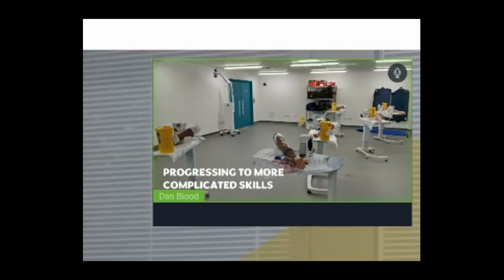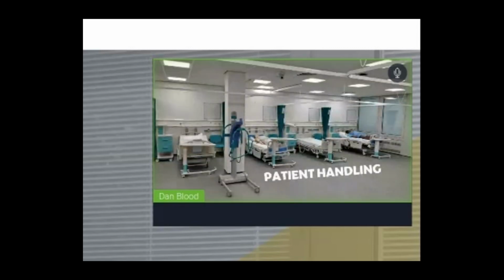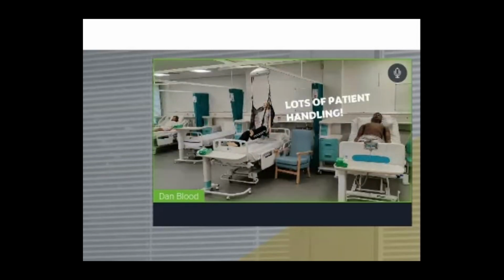Our paramedics will do things like needle chest decompression and use interosseous injection equipment. And we have a strong core of patient handling in our curriculum for the protection of both the patients and our trainees. Lots and lots of patient handling.